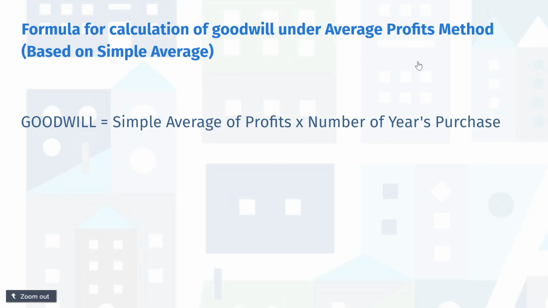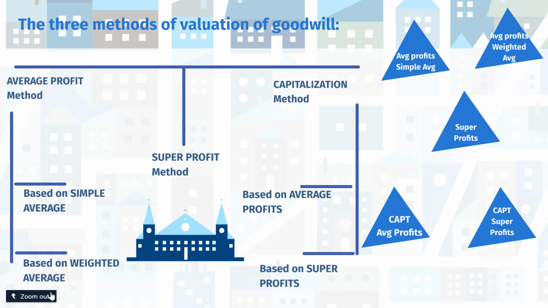Now, in this method, goodwill is equal to simple average of profits into number of years purchase. Next, average profits method using the weighted average.